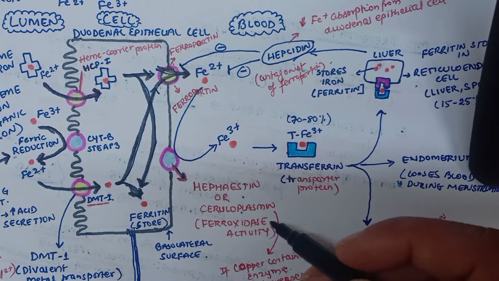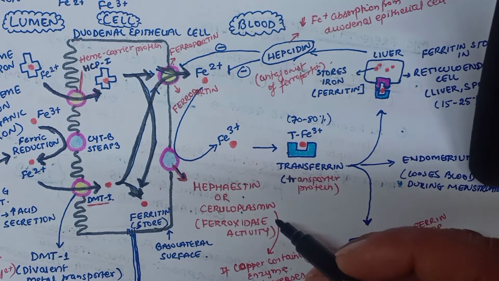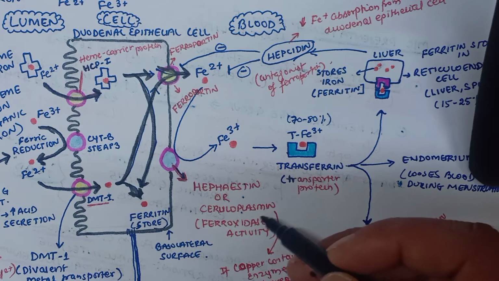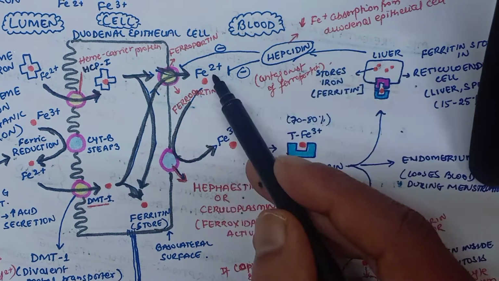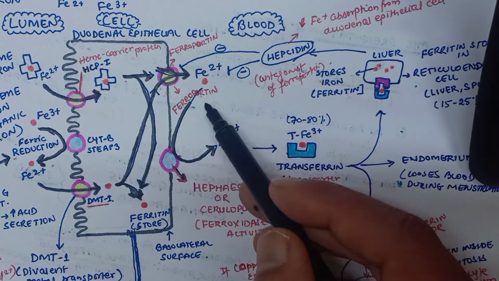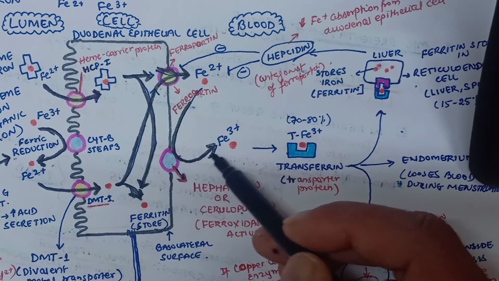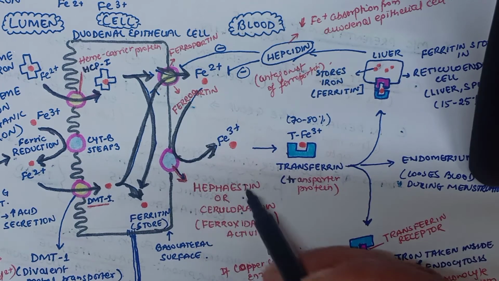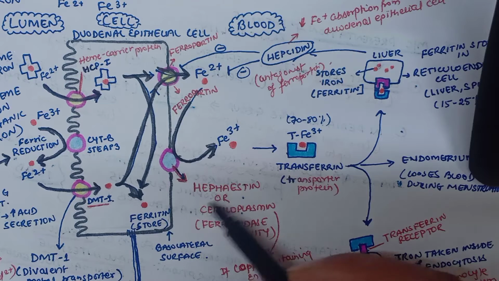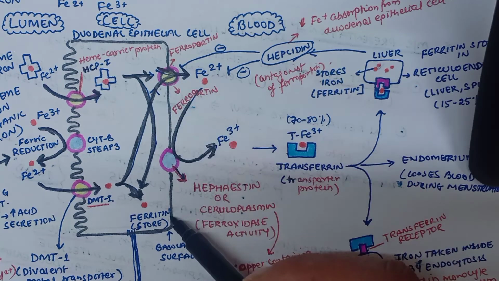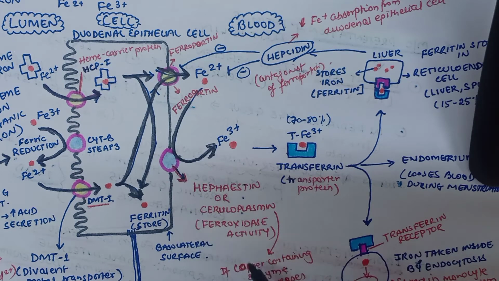There are 2 copper containing proteins that catalyze this oxidation of ferrous iron. Ferrous iron gets oxidized to ferric iron by hephaestin, which is present on the basolateral surface of the enterocyte, while ceruloplasmin is the major copper transporter protein present in the blood.